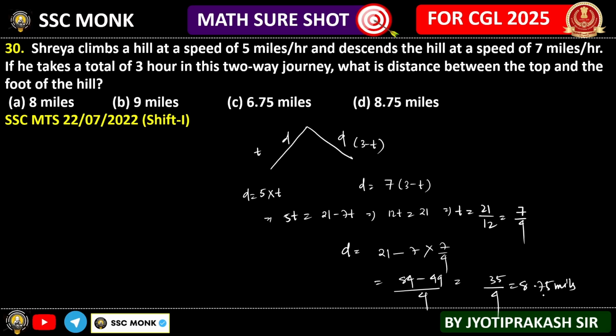So the distance is equal to 8.75 miles. Done. If it would have asked in kilometers, remember this, 1 mile is equal to 1.6 kilometers. You would have to multiply 1.6 with it.